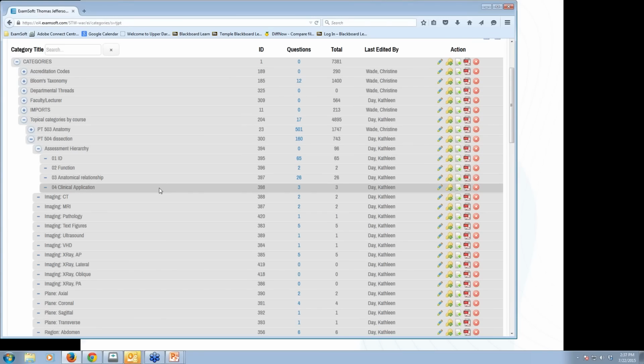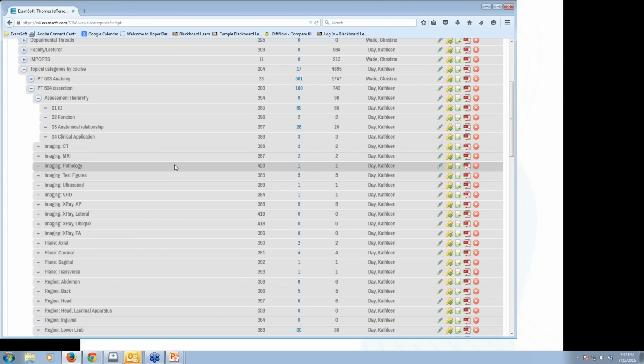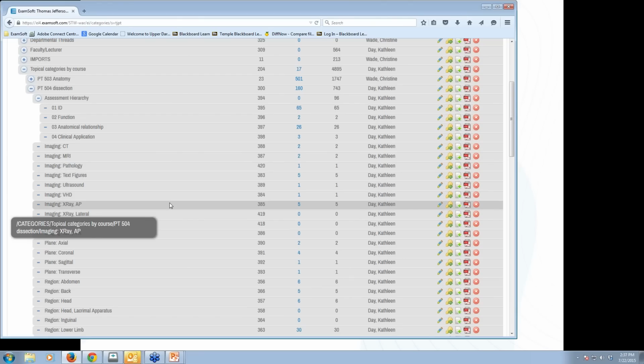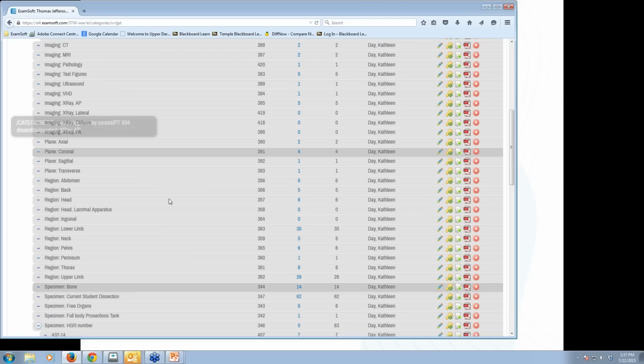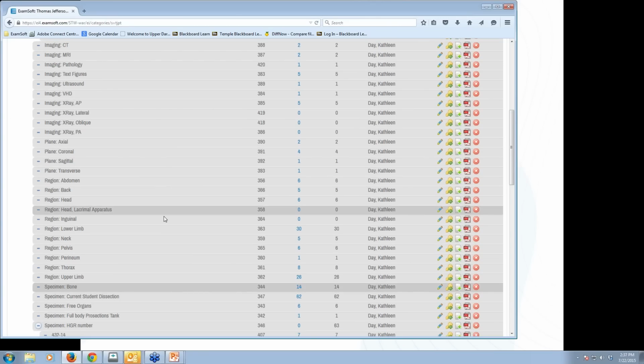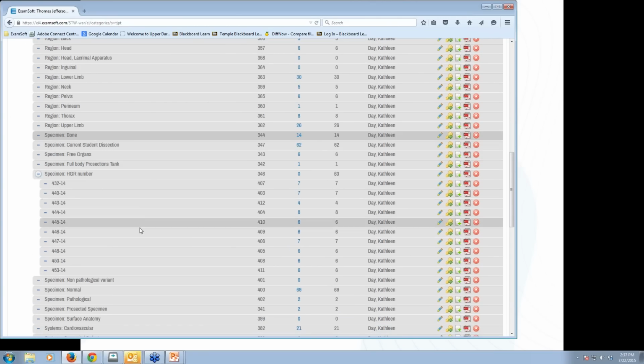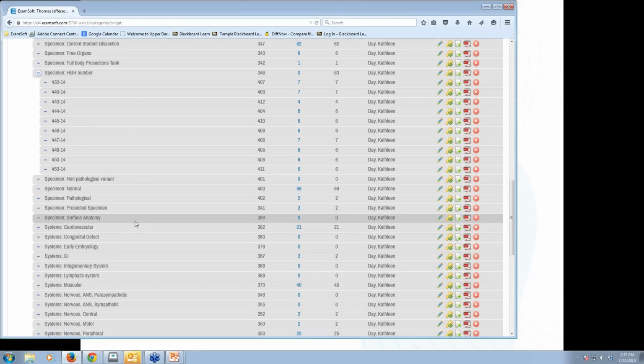So if you look at our questions, each question has a category that's not just an assessment hierarchy, but an extensive hierarchy based on the region of the body, the systems addressed in the question, the plane of existence, the pathological or HGR specimen, whether it was a free organ, a current student dissection, or a prosection.